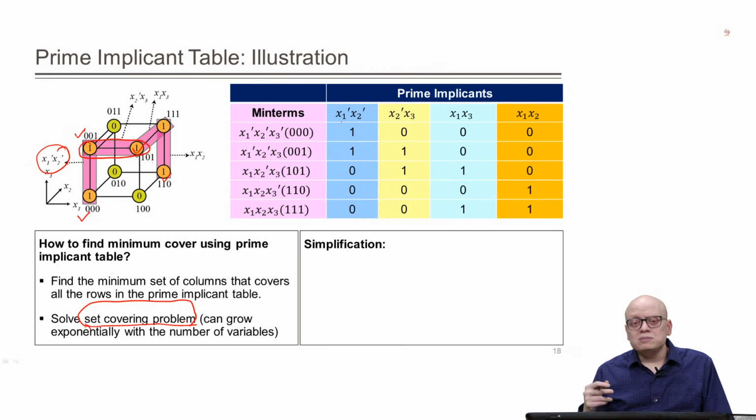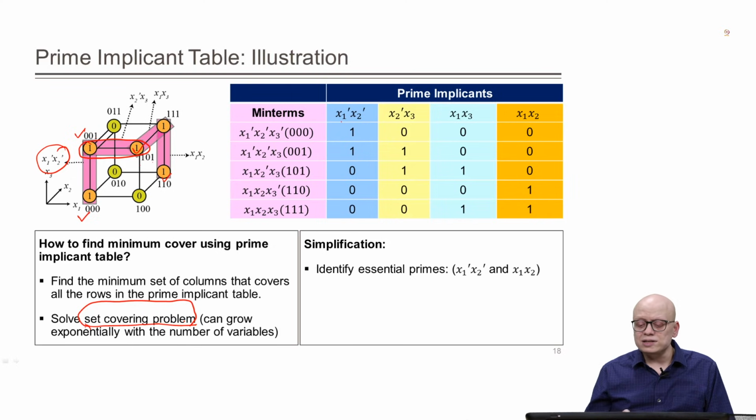Now, this is a difficult problem and we can simplify the task for the set covering problem. First notice that if there are some essential primes, those will always be there in the cover. Why does it have to be there in the cover? Because there are some minterms which are covered by only these essential primes.